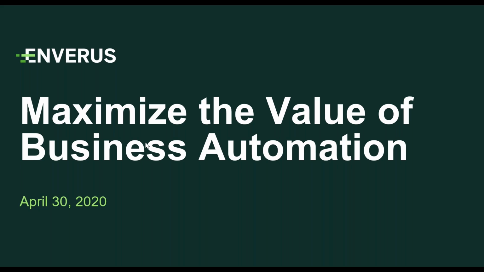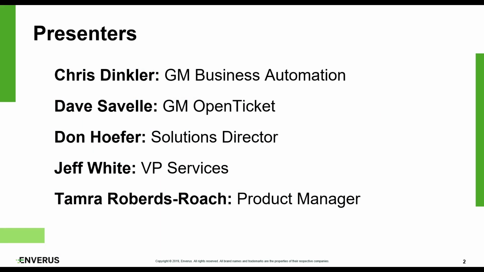And with that, I'm going to introduce our presenters today. First we have Chris Stinkler, our General Manager of the Business Automation Group here at Enverus, who is going to give you a brief introduction. Then we'll have Dave Savell, our General Manager of the OpenTicket platform.